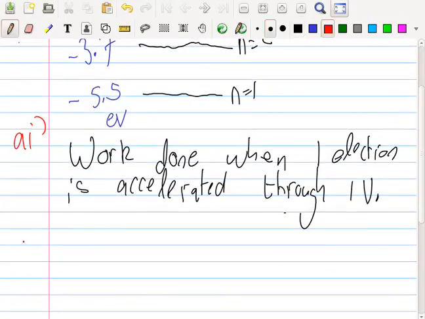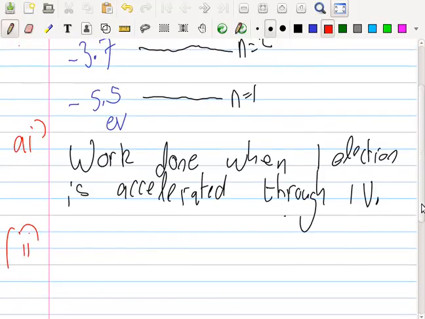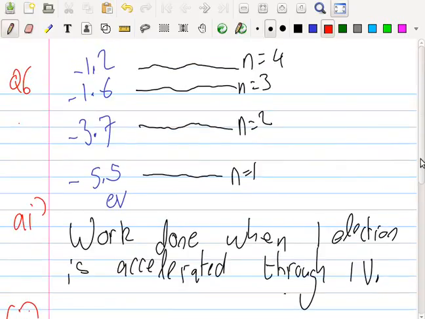Now, part 2. Oh, this one, it's only 1 mark, but it's so nice. What is the minimum energy required to ionize the electron if it's in this state? So the electron is here. How much energy do you need to ionize it? And ionization is up here. So basically you need this much.